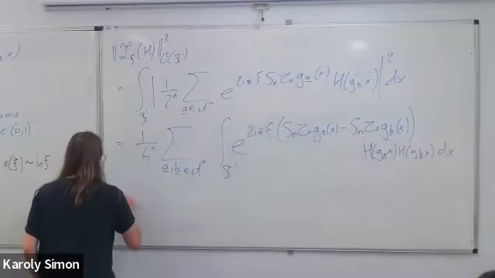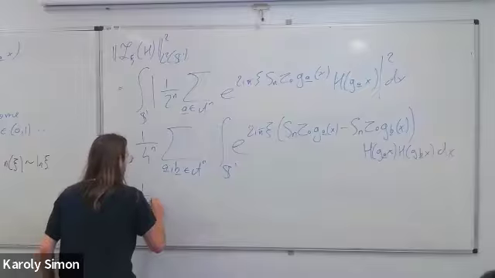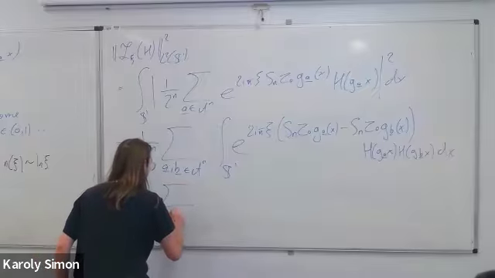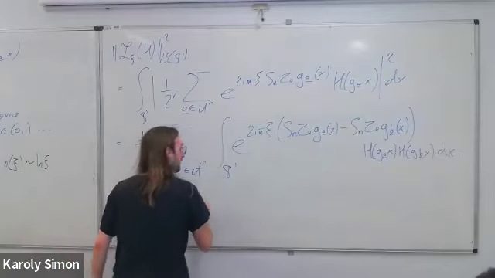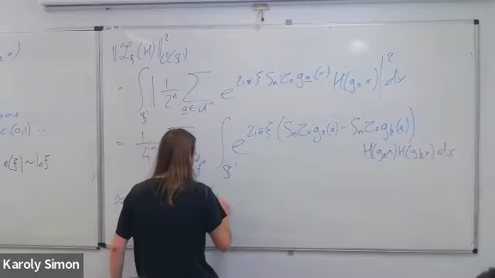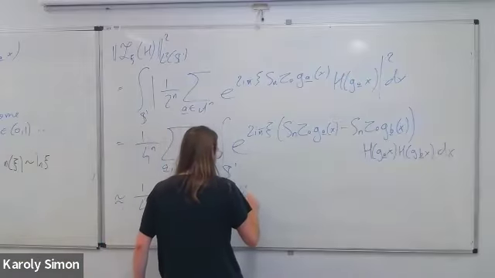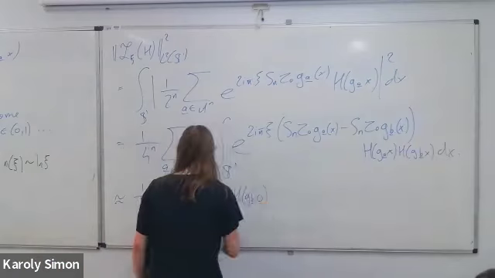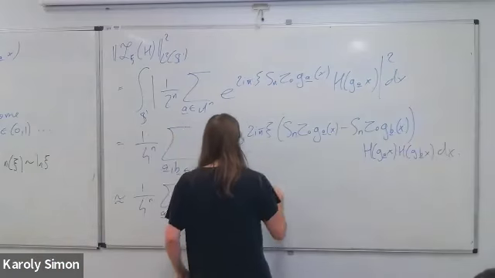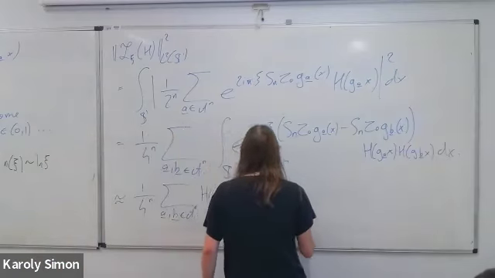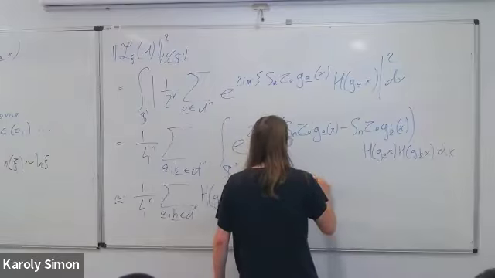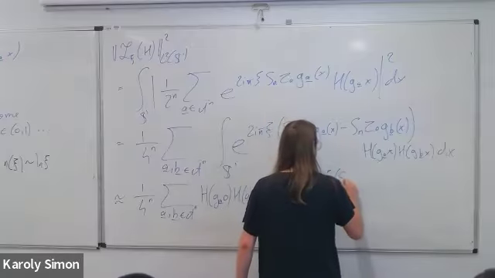So this is 1/4 the sum over a, b over A_n of h at G_a 0, h of G_b 0, plus some exponential factor times this integral, which is now the main attraction.